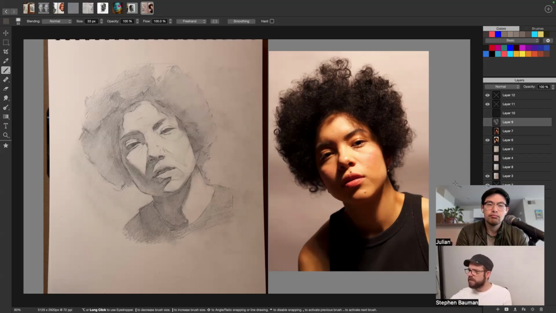I noticed that some of what you're facing is that you're getting this hatchiness versus the kind of flatness that you're going for, and it's an uncomfortable kind of interface. Yeah, I was kind of confused. It sounds so weird to say, but I don't know how to hold the pencil when I'm doing this.